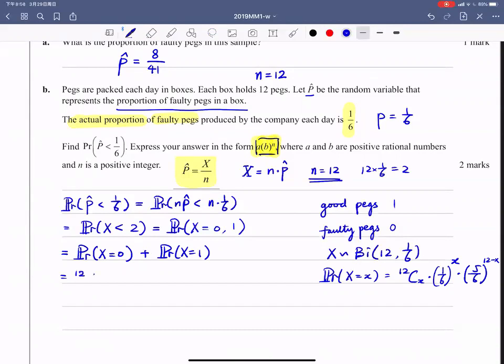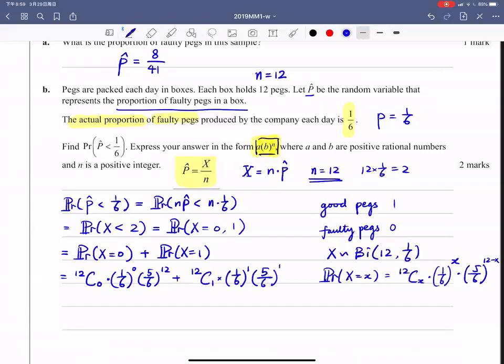So the first one will be 12 choose 0 times 1 on 6 to the power of 0, 5 on 6 to the power of 12, plus 12 choose 1 times 1 on 6 to the power of 1. Then 12 minus 1 is 11.